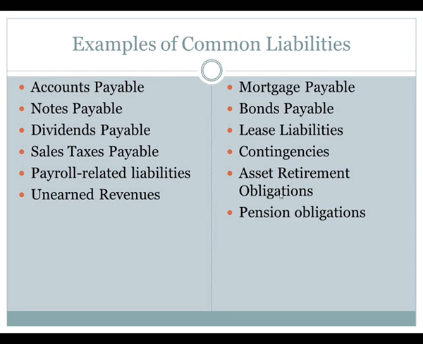Unearned revenues would be another example of a common type of liability. Unearned revenues is somewhat unusual or somewhat different from the other types of payables that we have.